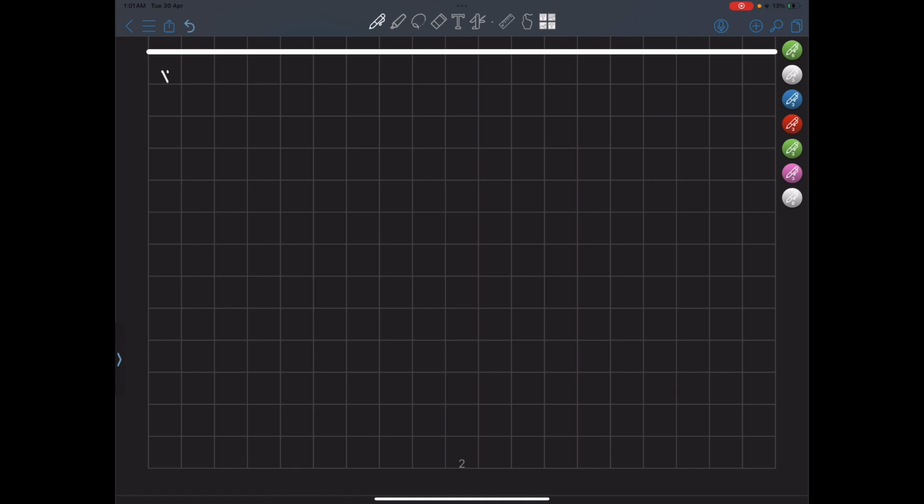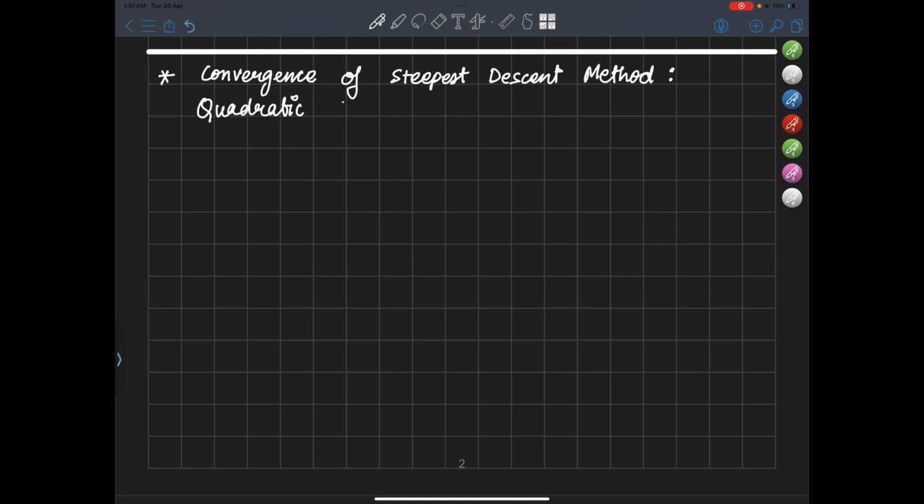So now let us look at the convergence of the steepest descent method, especially for the quadratic case. We'll check how fast the steepest descent converges if we have a quadratic function to optimize.